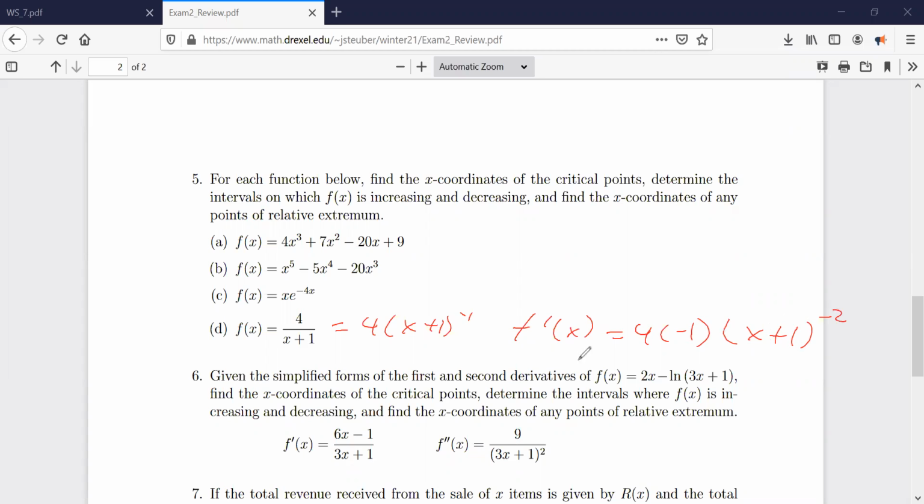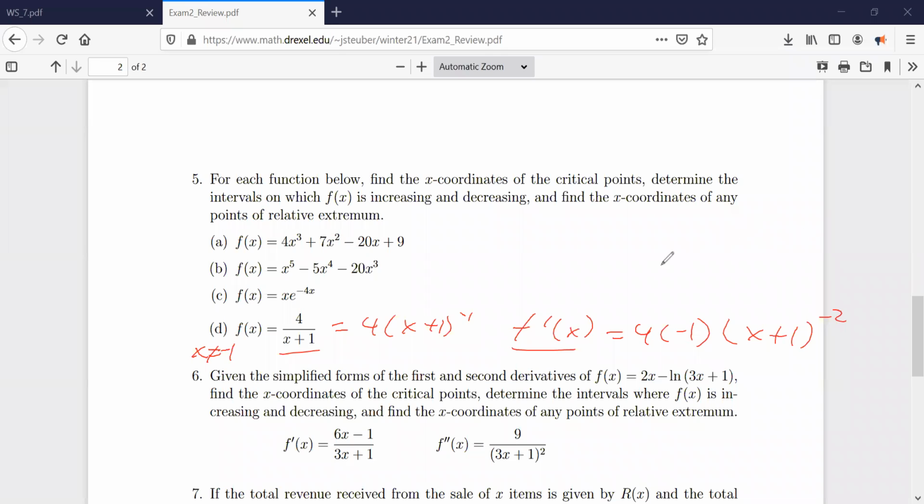So that tells me that the only places where this can switch are where either this is equal to 0 or it's undefined. And it's undefined at the same point: x equal to negative 1. So here again, x cannot be equal to negative 1.